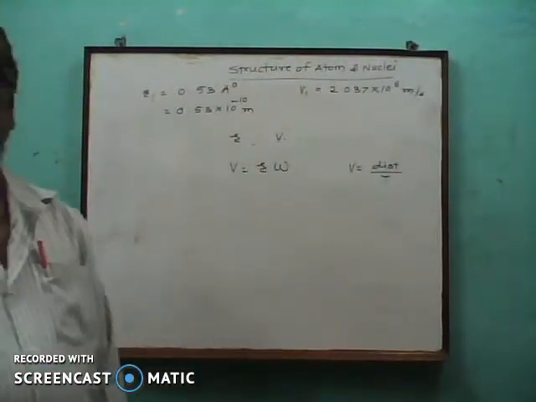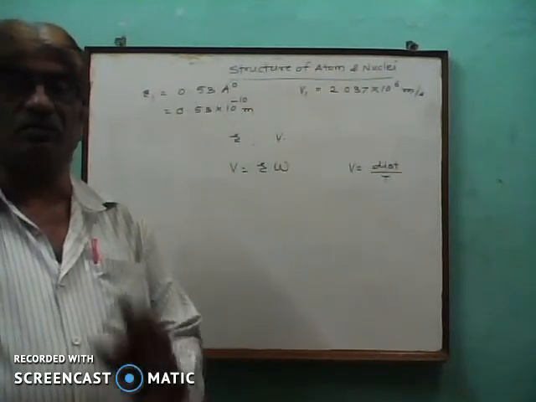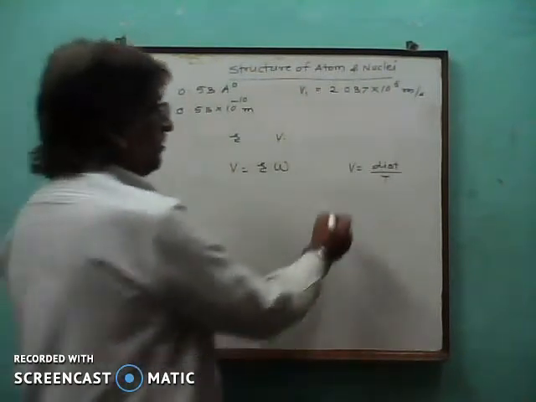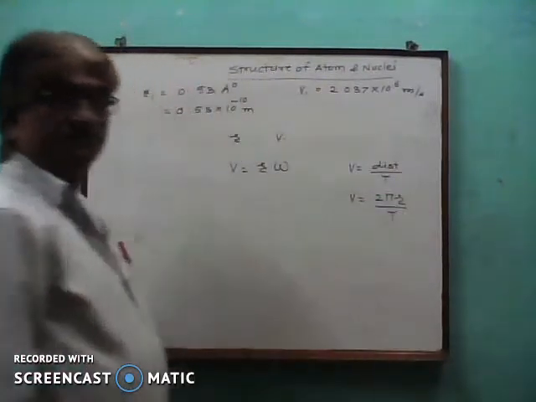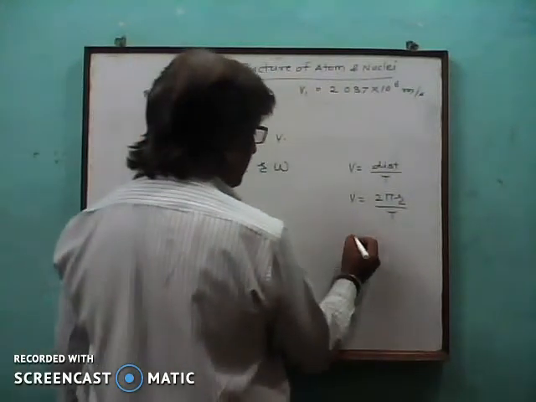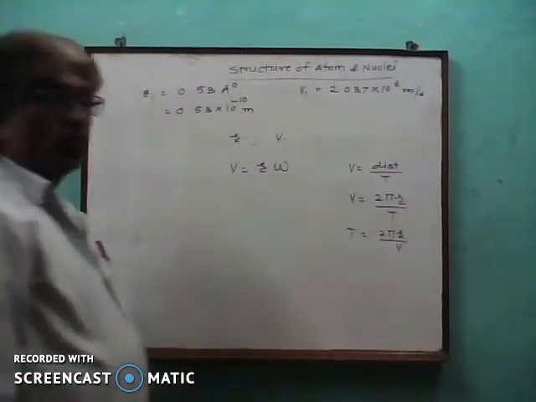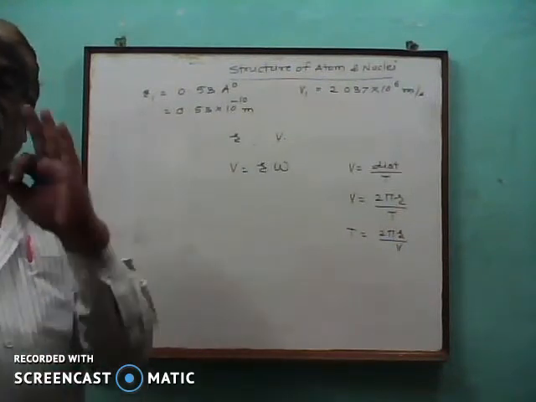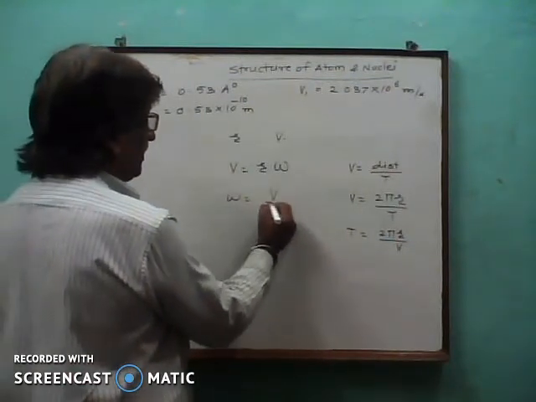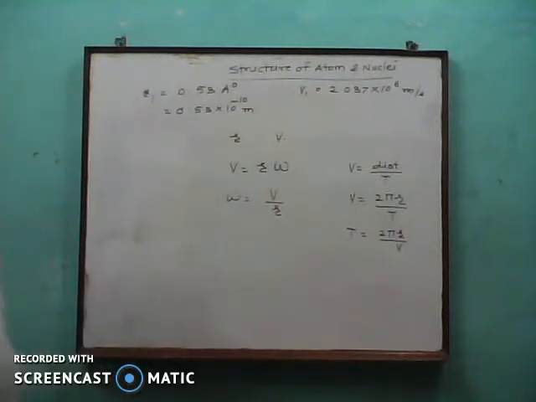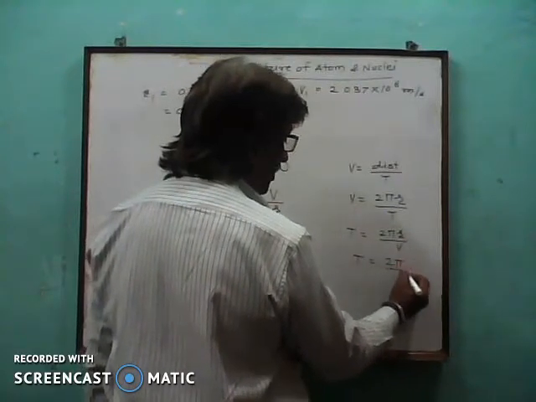In time period T, when the electron revolves in a circular orbit, it covers a distance equal to the circumference of the circle. So V equal to 2 pi r upon capital T, and therefore T is 2 pi r upon V. So two formulas: angular velocity is equal to linear velocity upon radius, and time period is equal to 2 pi upon omega.